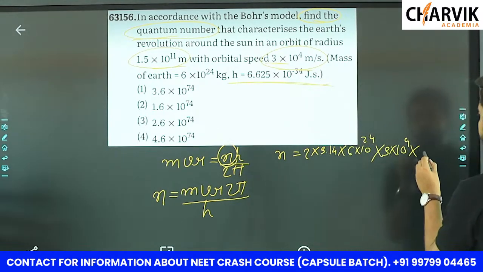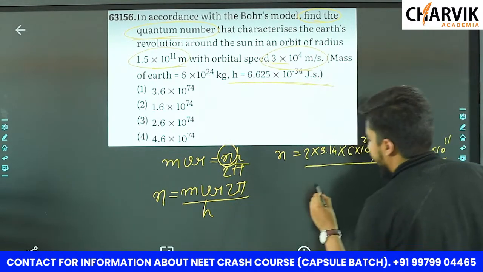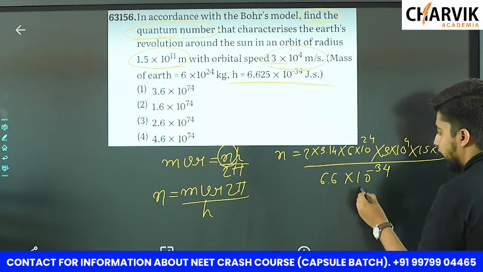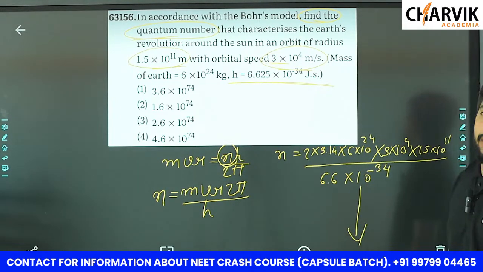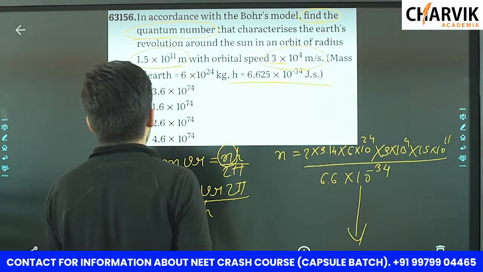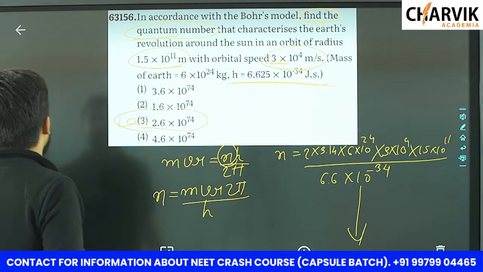Radius is 1.5 into 10 raised to 11, divided by h, which is 6.6 into 10 raised to minus 34. Again, solve this in your calculator, and you will get the answer 2.6 into 10 raised to 74, which is given in the third option.